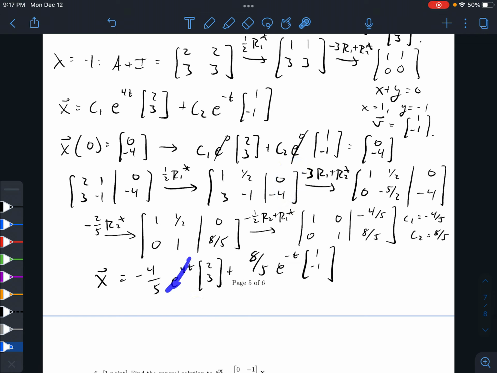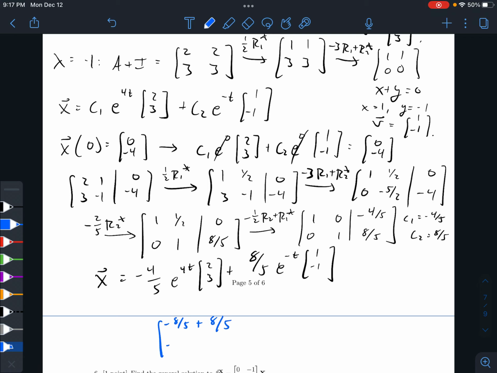If I plug in t equals 0, this is just 1. And then I get negative 4/5 times 2 plus 8/5 times 1. Negative 4/5 times 2, I get negative 8/5, and then plus 8/5 times 1, that is actually equal to 0, so that's good.